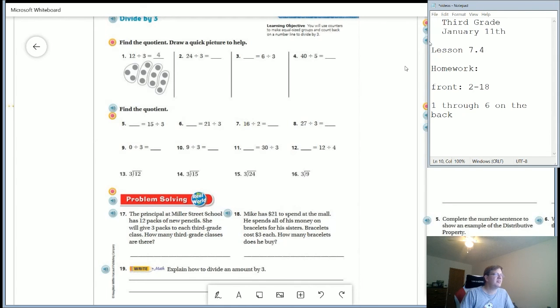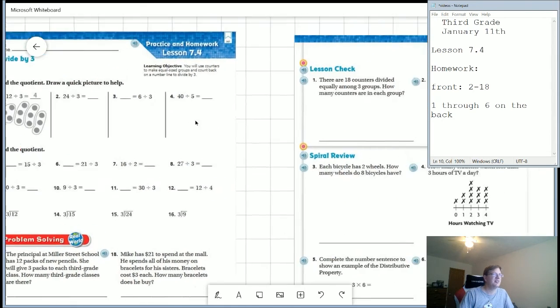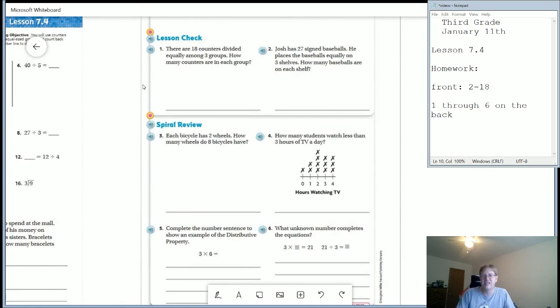Although I think one of those is actually going to give us an answer of 3 instead of us actually dividing by 3. On the back, again, we've got more problems working with 3s. So a lot of these, you could probably get the answer for a word problem from another problem that we've already done, and that can help you out a little bit.